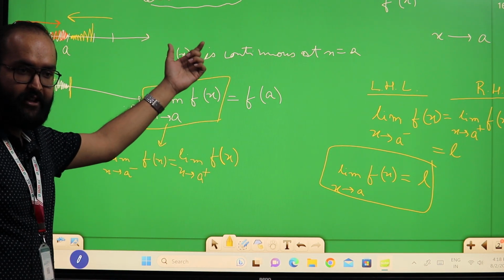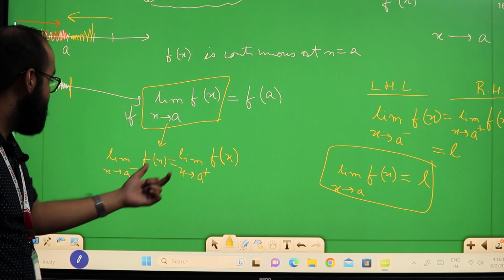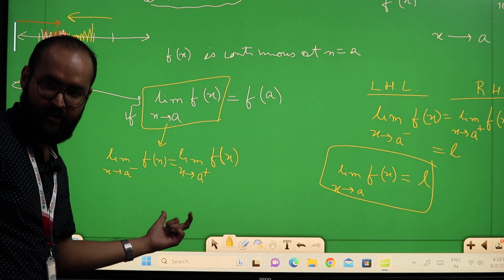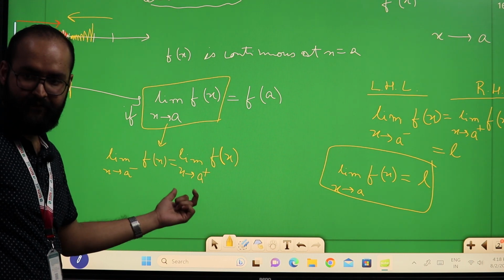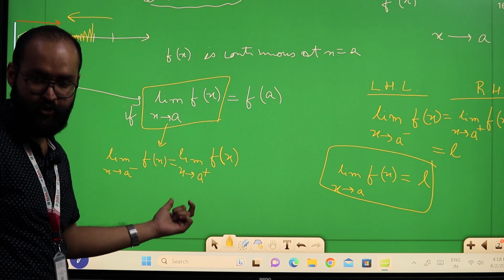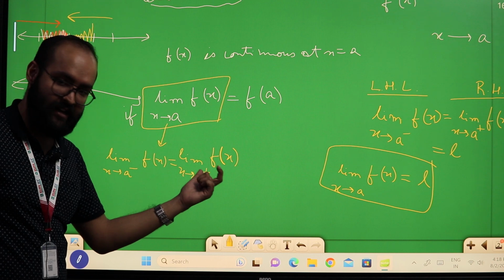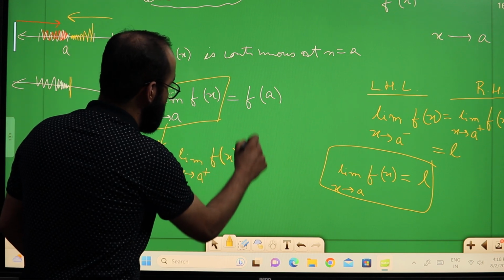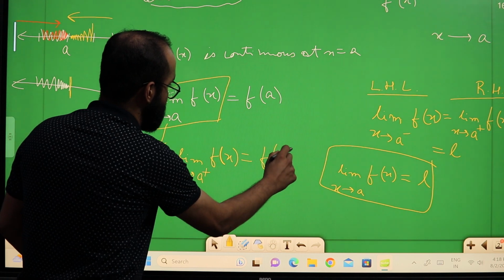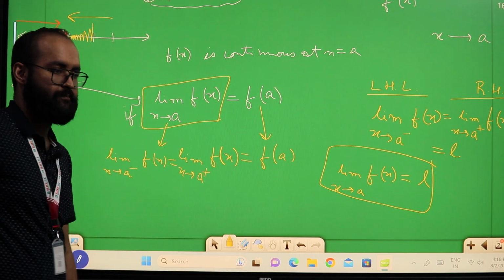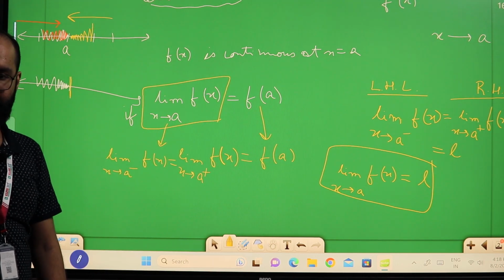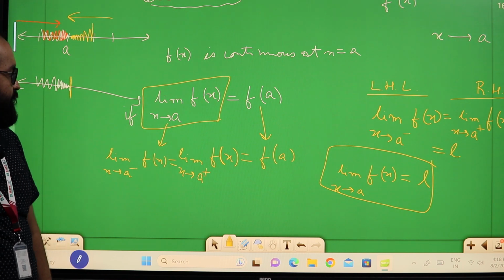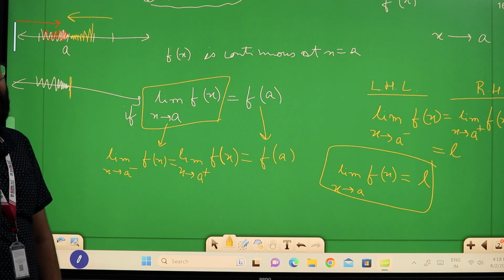So the definition of continuity we can also write in this way: the left hand limit of f(x) should exist at x equal to a when x goes to a, and that should be equal to the right hand limit of f(x) when x goes to a, and that should be equal to the value of the function f at a. Clear? So this is your basic definition of continuity.